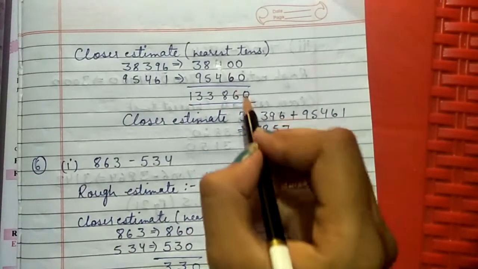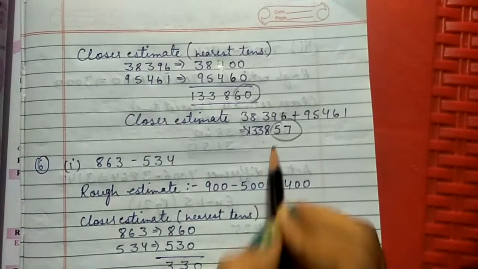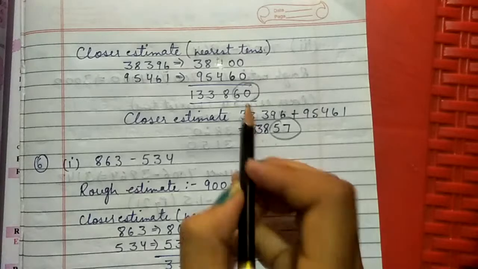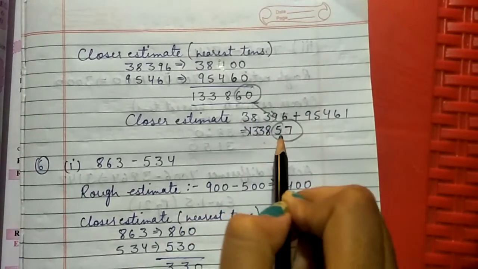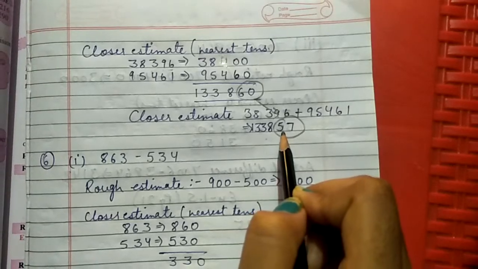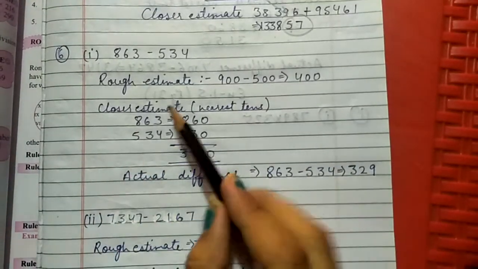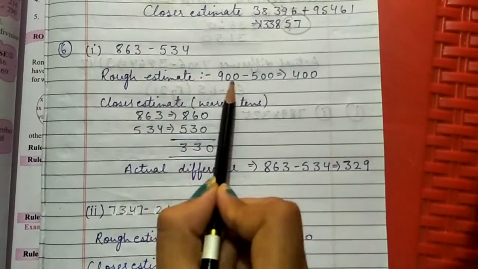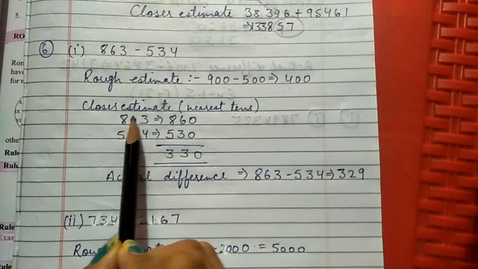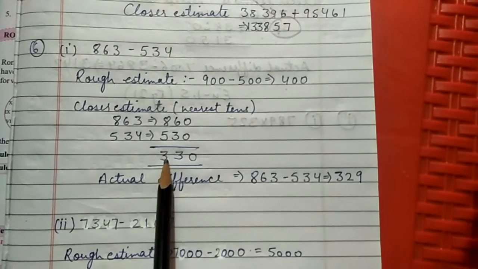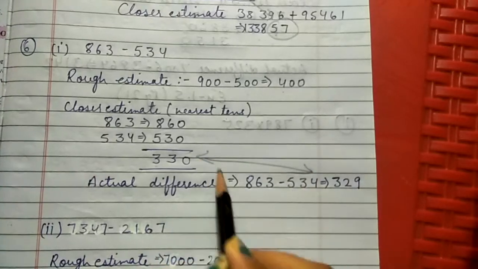And in this you can see the difference between the closer estimation and the actual sum. This is only enough. And you can see this also in the difference. We have subtracted this to 900 and this remains 500. The difference is 400. When we did the closer estimation to nearest tens, this became 330, and you can see the difference in this closer estimation.